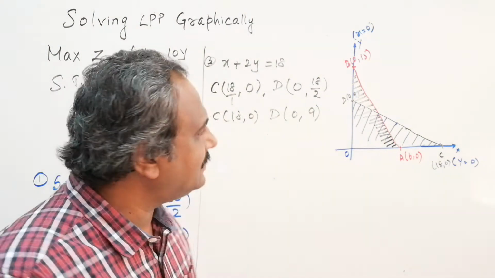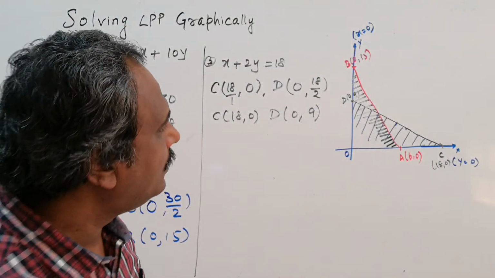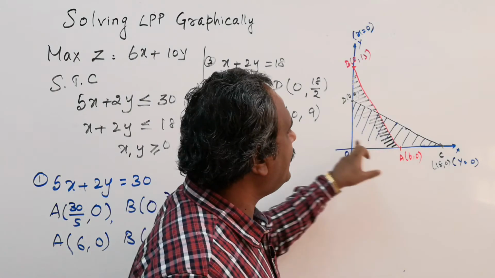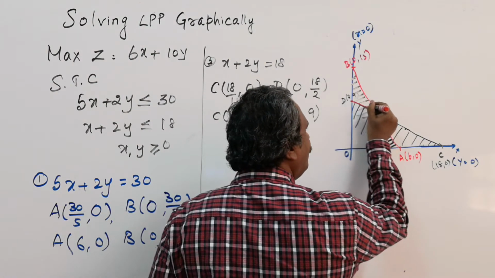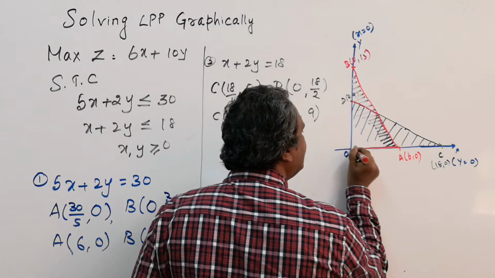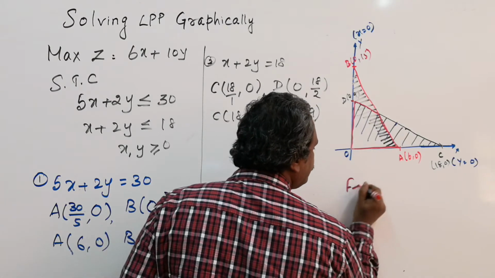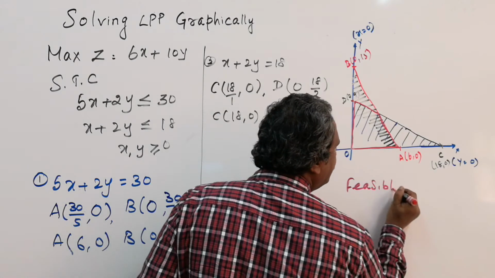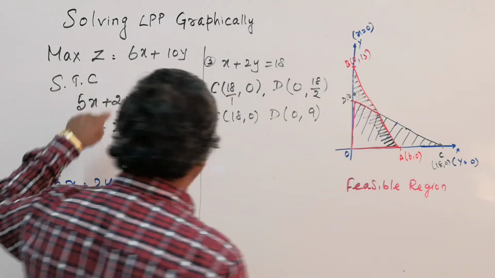Now when I check this, I can identify very clearly this is the area of intersection, isn't it? So this is the feasible region for the given constraints.